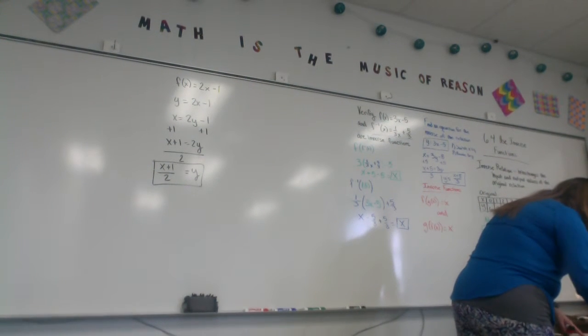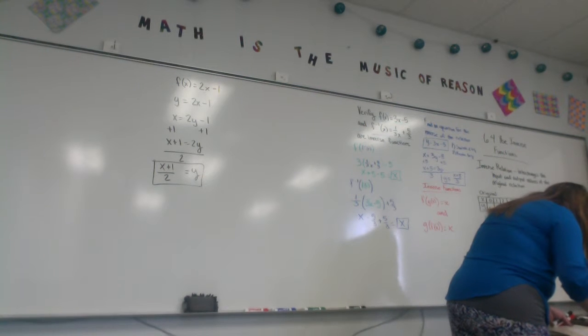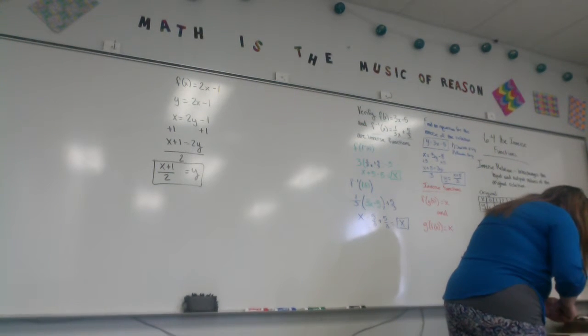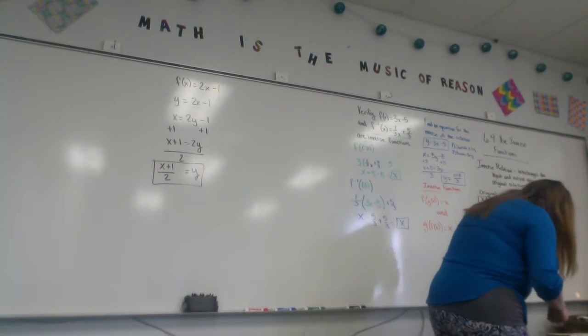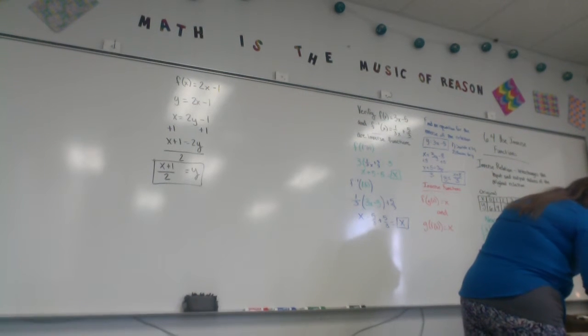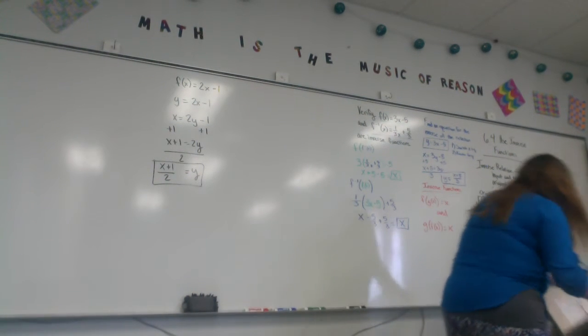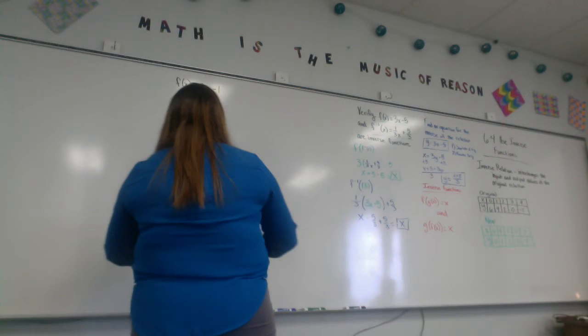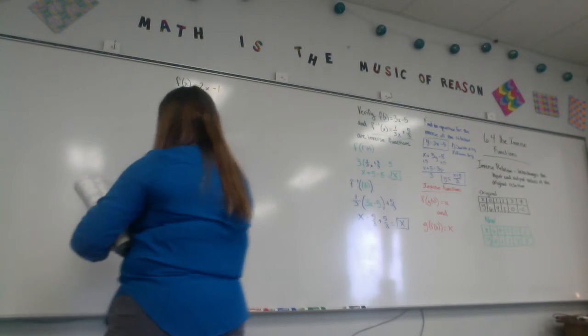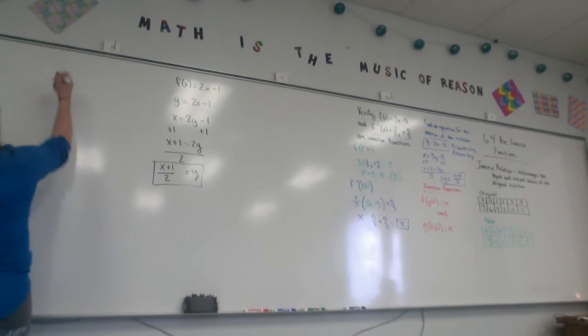Let's do one more inverse one, and then we will stop there because we're going to do graphing tomorrow. Okay, let's verify this inverse. I'm just going to do these in 2 different colors.